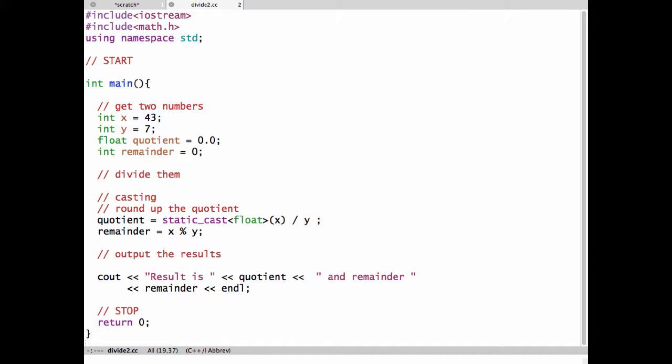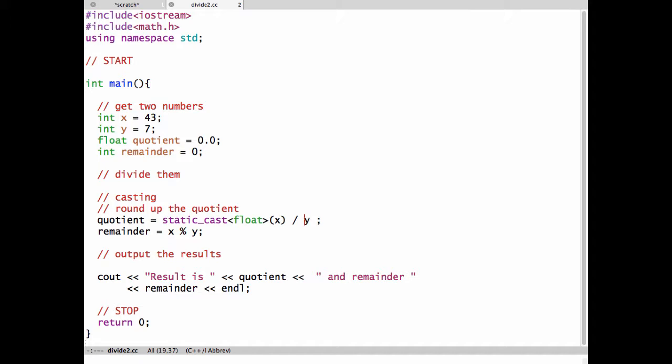Wait, how do you know whether you're doing integer division or floating point division? The type of the variables has to be? At least one of them is floating point, you do floating point division.